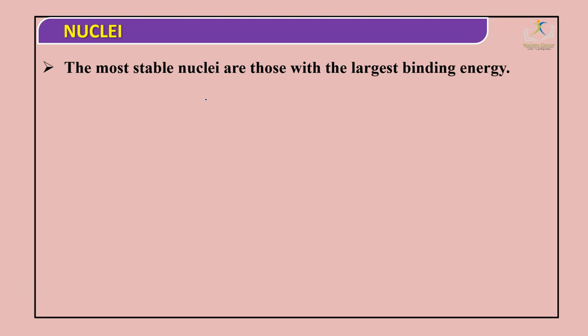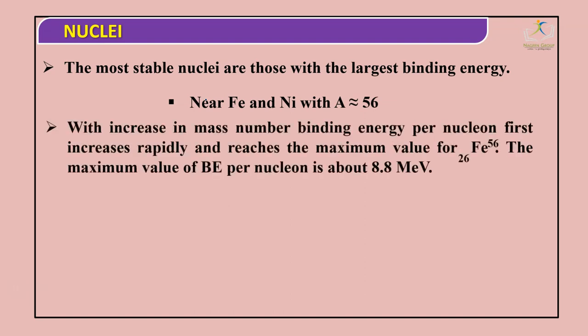The most stable nuclei are those which have the largest binding energy, near iron and nickel with A equal to 56, as I told you. With increasing mass number, binding energy per nucleon first increases, then reaches a maximum value for iron, Fe-56, of about 8.8 MeV.